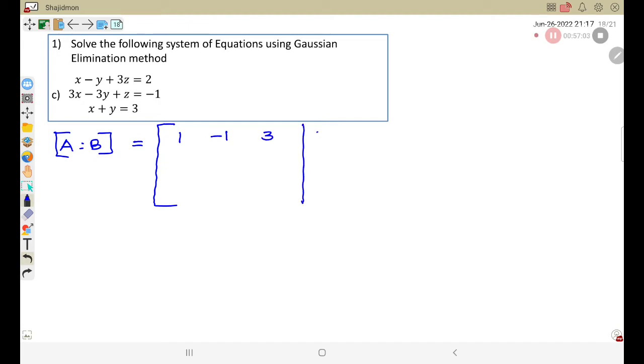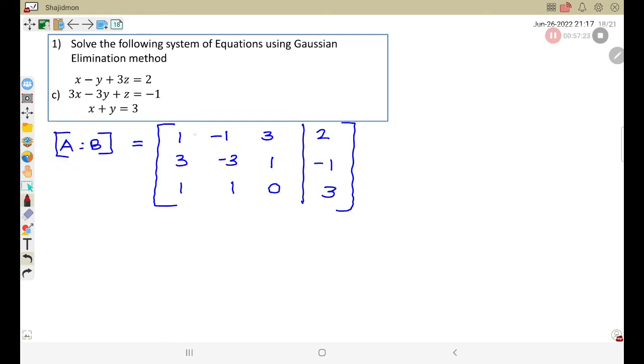If you didn't understand, check the first question one more time, because there are more steps. The rows are 1, minus 1, 3; then 3, minus 3, 1, minus 1; x, y, z is nothing, so 0, 3.